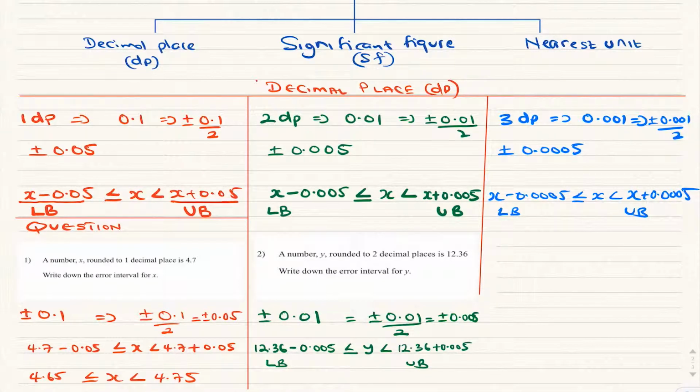And the real value will be 12.355, which is less or equal to y, which is less than 12.365.